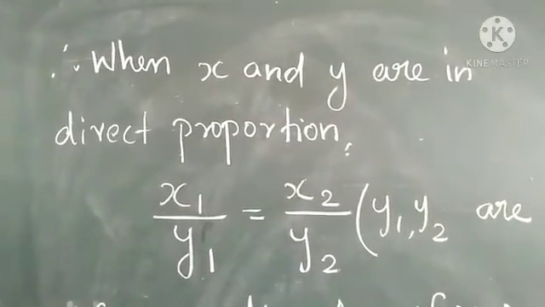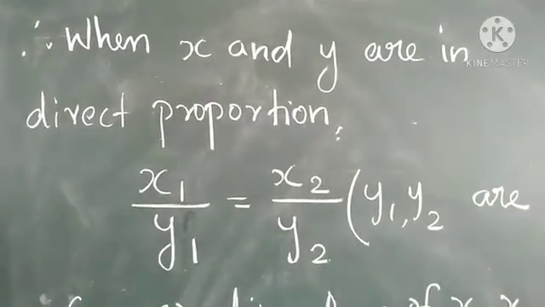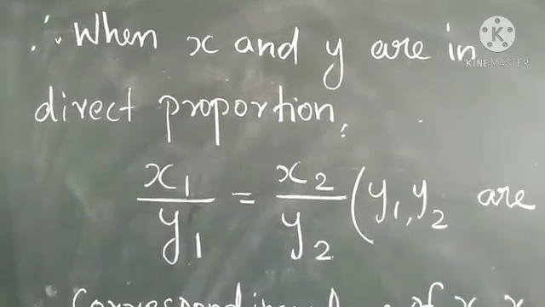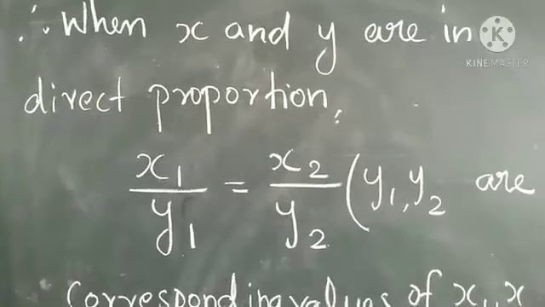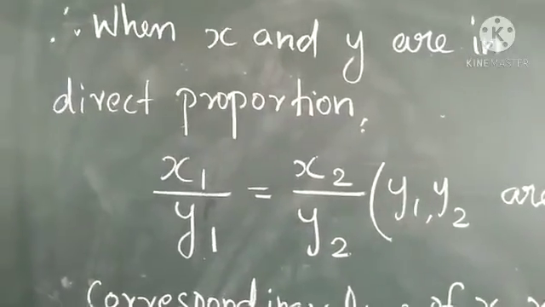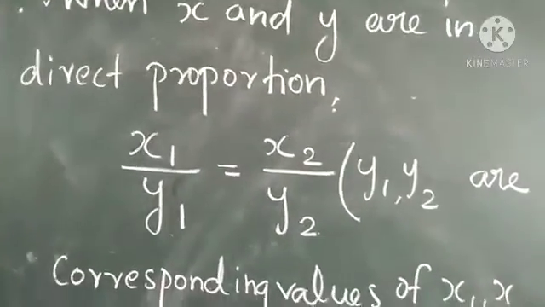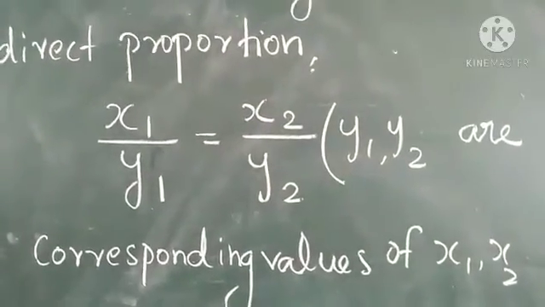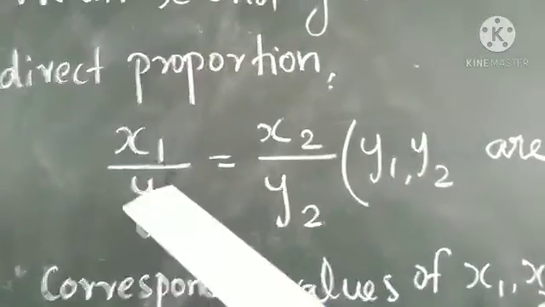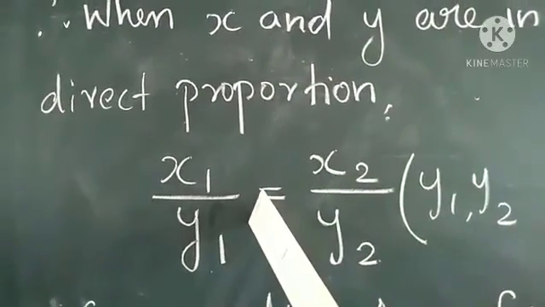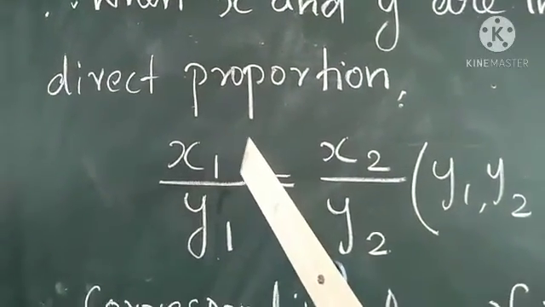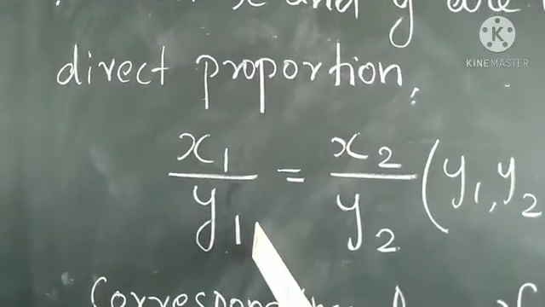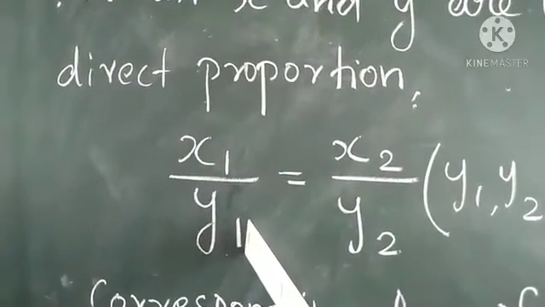Therefore, when x and y are in direct proportion, we can write x1 by y1 is equal to x2 by y2. Here y1, y2 are the corresponding values of x1, x2. If x1 is the money deposited in the first year, then y1 is the money earned as interest in the first year.